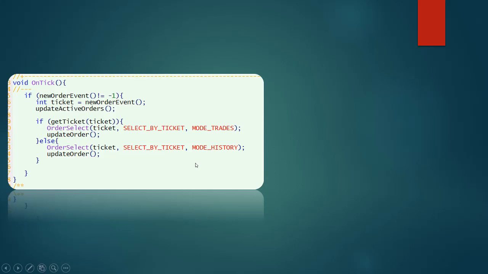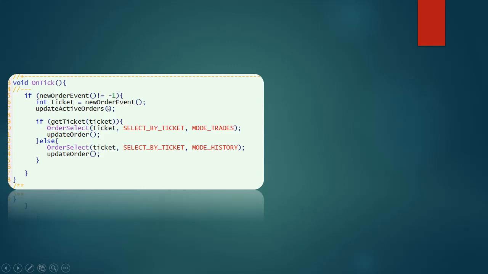And then we go to the OnTick function in the EA. During OnTick, we load the detect order event function, and the original ticket variable is this number.